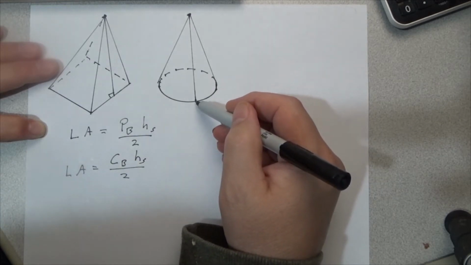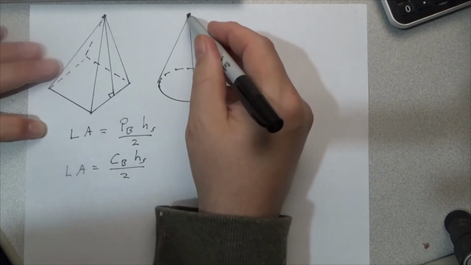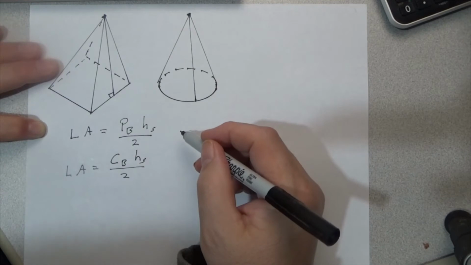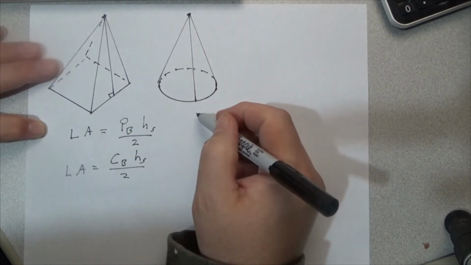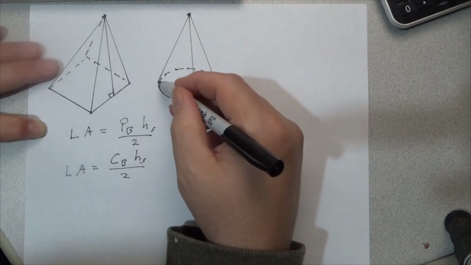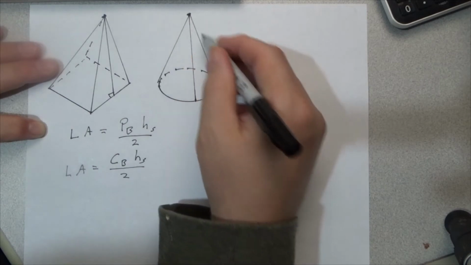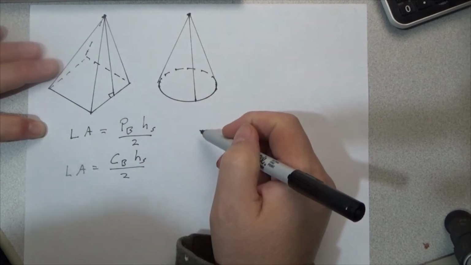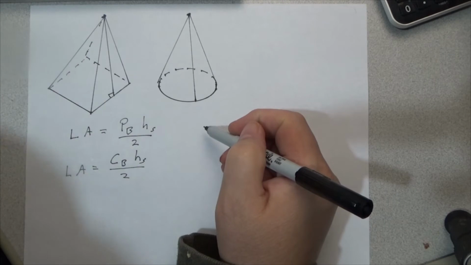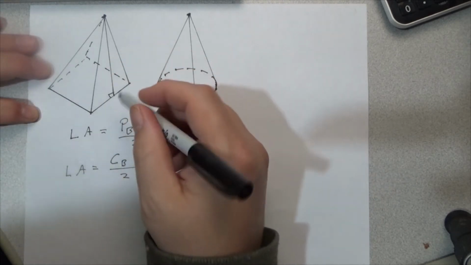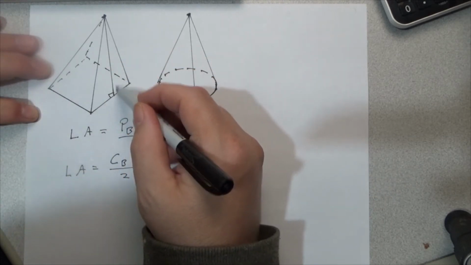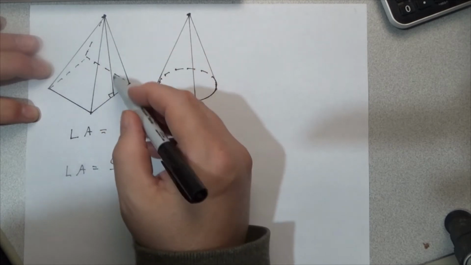So you've got from the edge of the circumference all the way up to the vertex, that is the slant height. This would also be a slant height from here to here, and then from here to here as well, for a cone, but not for a pyramid. The slant height goes from here to here.